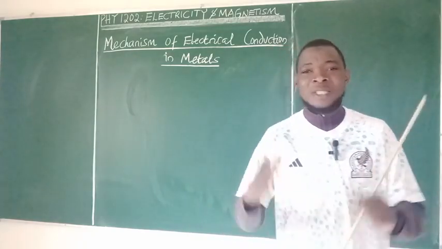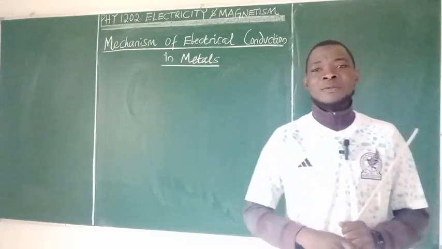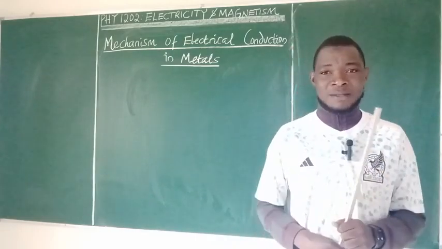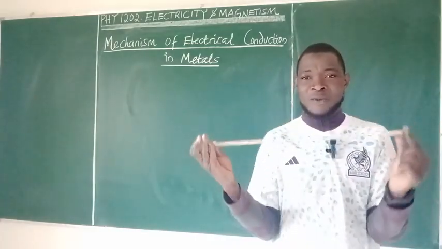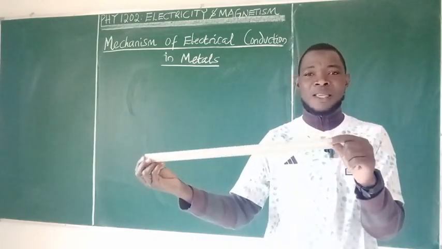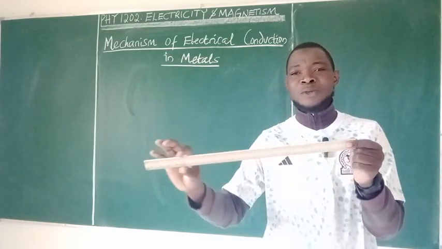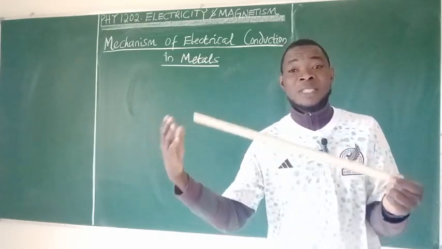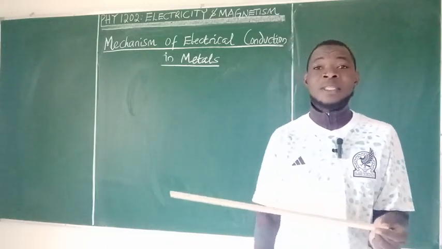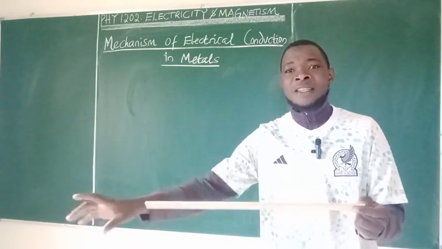Also, we are going to derive the formula for calculating electric currents in metals. Suppose this is a conducting wire, and charges flow through this wire for some time t. Since the charges are flowing, they must generate electric current.